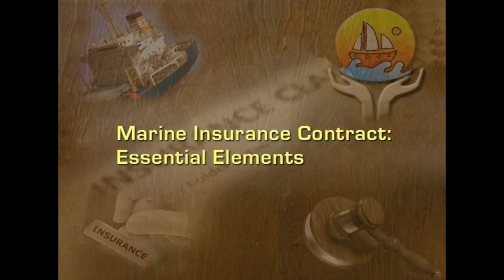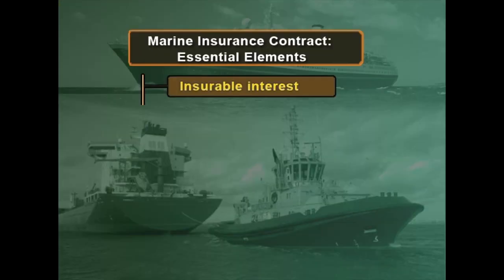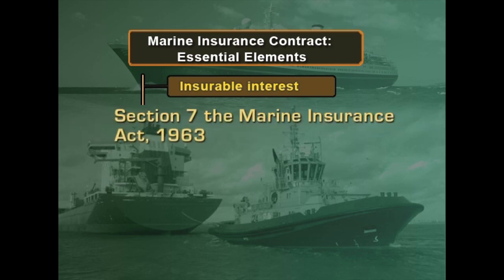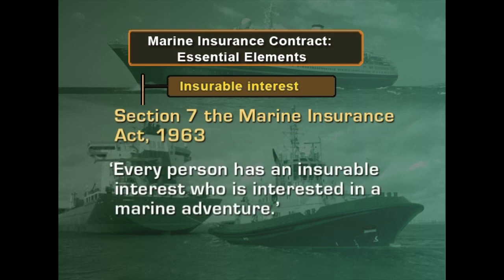Marine insurance contract essential elements. Insurable interest. Insurable interest is an essential element of marine insurance contract. Section 7 of the Marine Insurance Act 1963 states that every person has an insurable interest who is interested in a marine adventure.